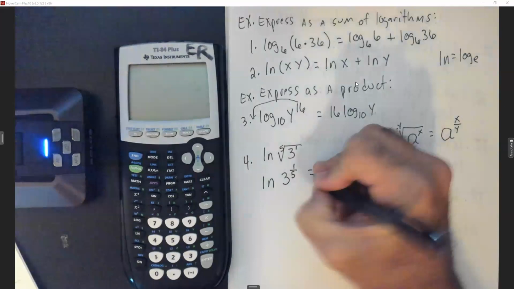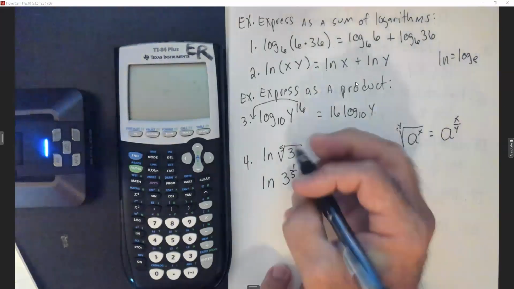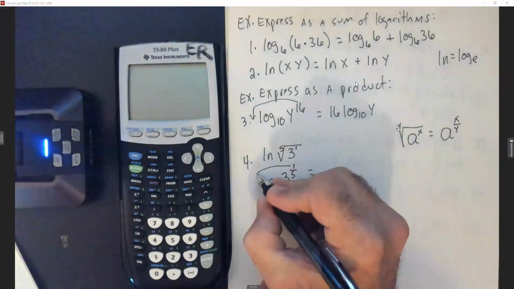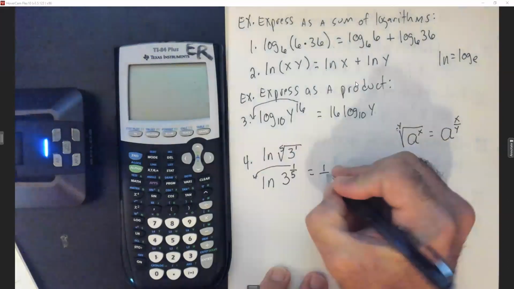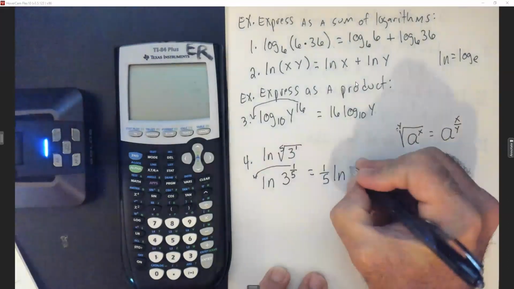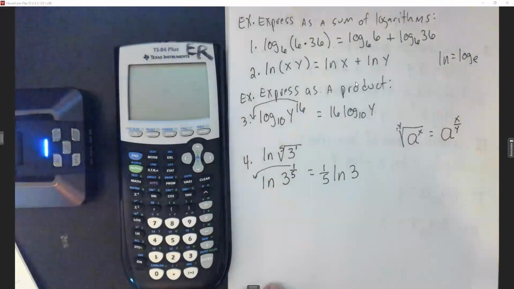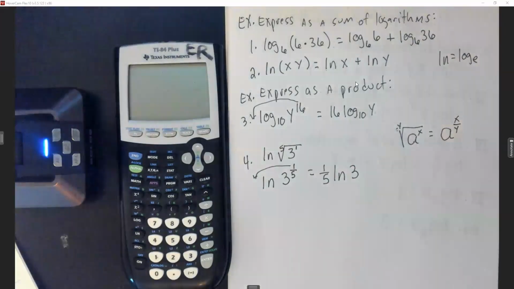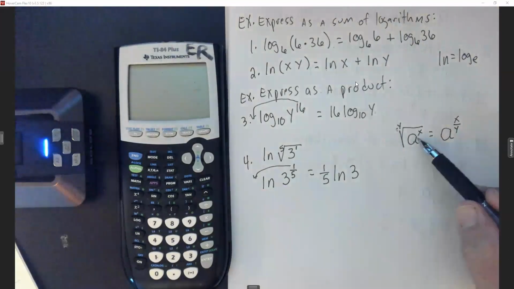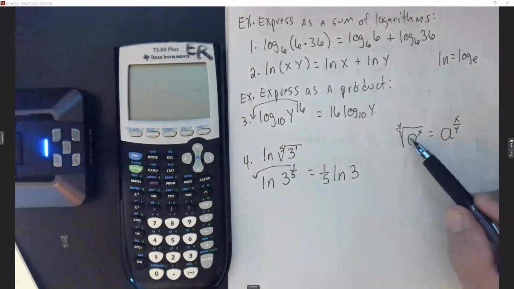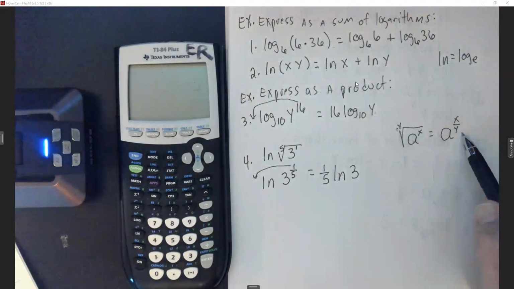So now I've got my exponent. I'm going to move that down to the front so that I get a 1/5 times ln of 3. So y'all just remember, if you got a radical, turn it into a fractional exponent and then work the problem, okay?